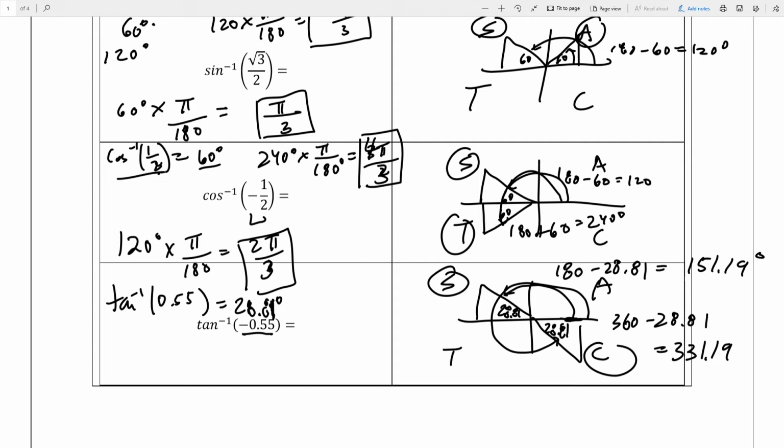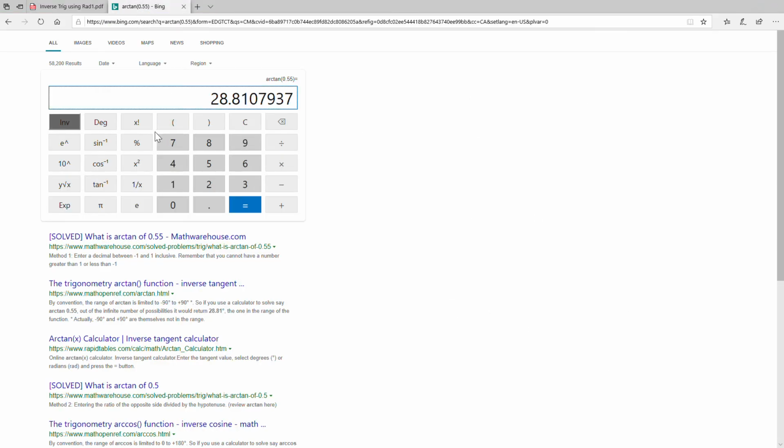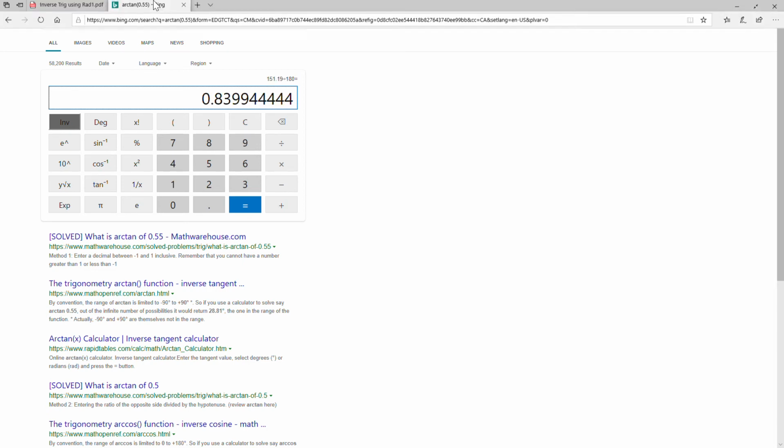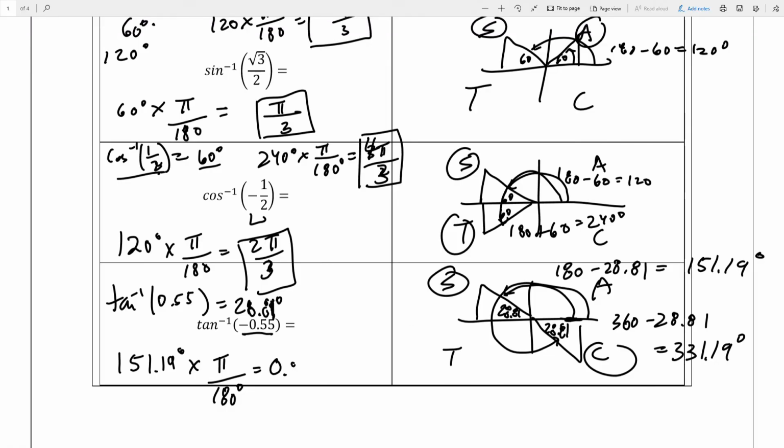So we need to convert these degrees into radians. We get 151.19 degrees times the conversion factor, pi over 180 degrees, which is equal to 151.19 divided by 180, which we get 0.84. So this is going to be 0.84 pi.